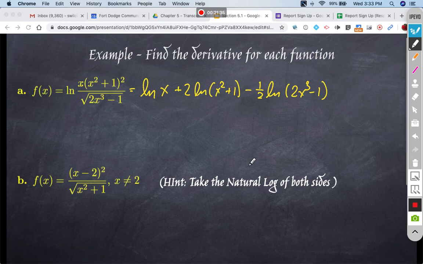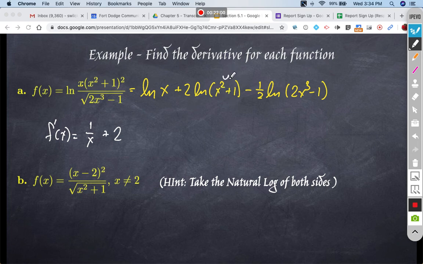Now when I take the derivative, I'm going to say, oh, the derivative of the sum is the sum of the derivatives, right? The natural log of x is 1 over x. So I'm going to get 2 times here. I want u prime over u.